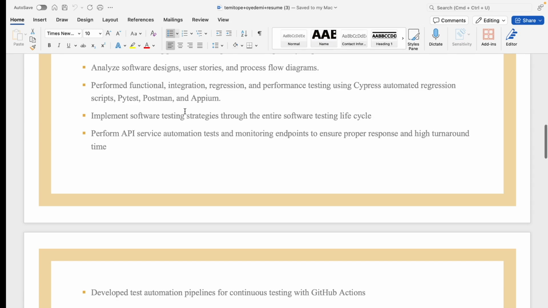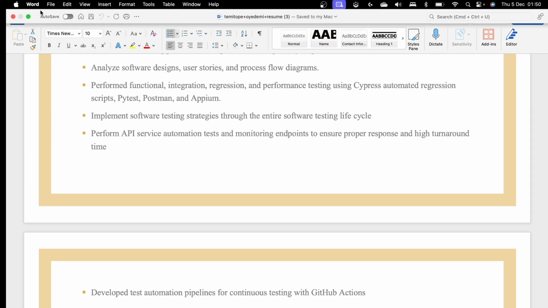Microsoft templates are always very simple and easy to read. So the reason I'm saying this is because you don't want to use templates where, when software is scanning it, the text is being covered by images because there are so many designs on it. You don't want that kind of template.